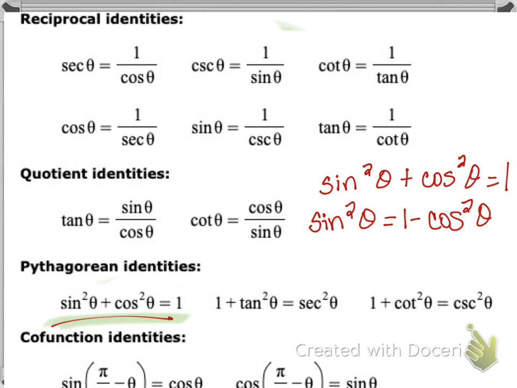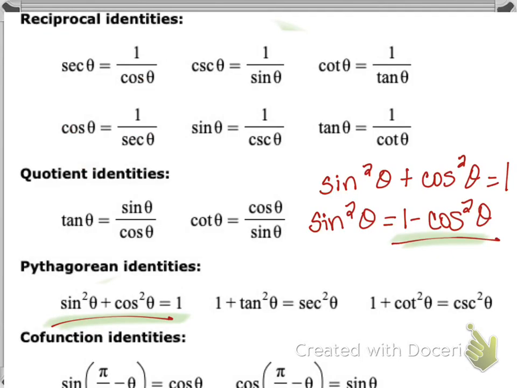So what I'm going to do now is take this right here, 1 minus cosine squared of theta, and put it in for this sine right here. Now, on my identities page, I have theta, but here I have x. So I am going to have cosine squared x minus, now instead of writing sine squared x, I'm going to write what I solved for over here.